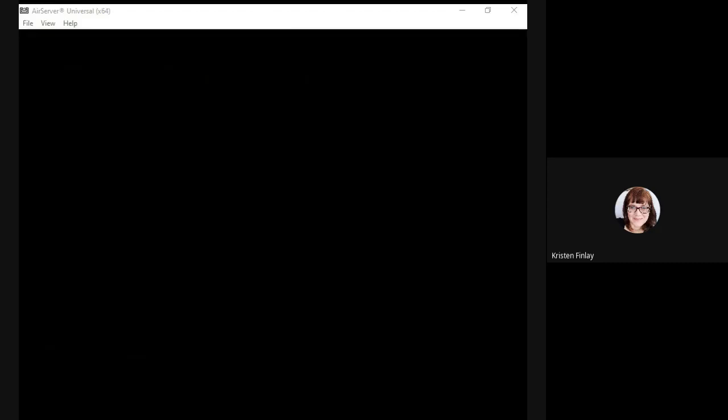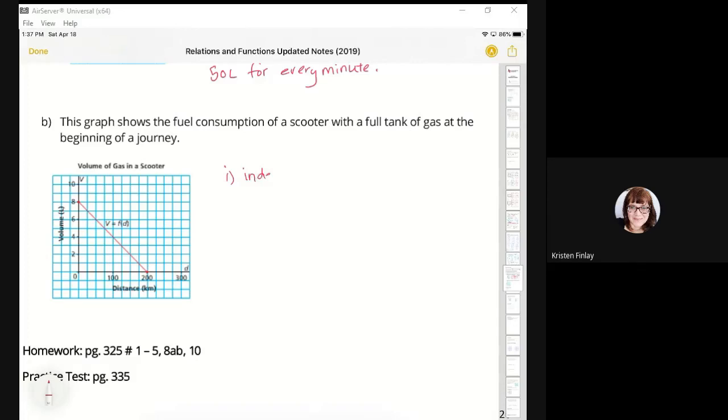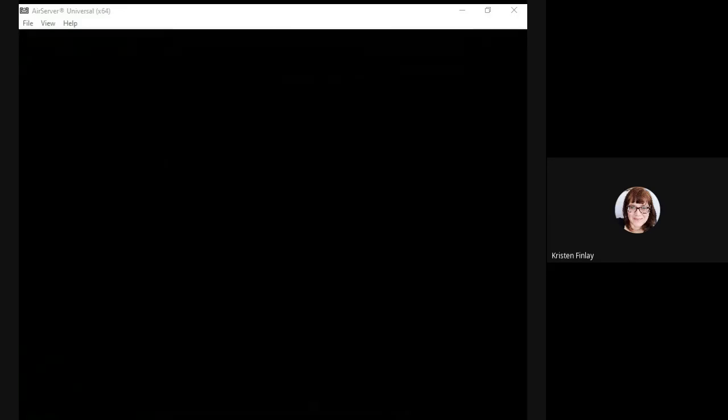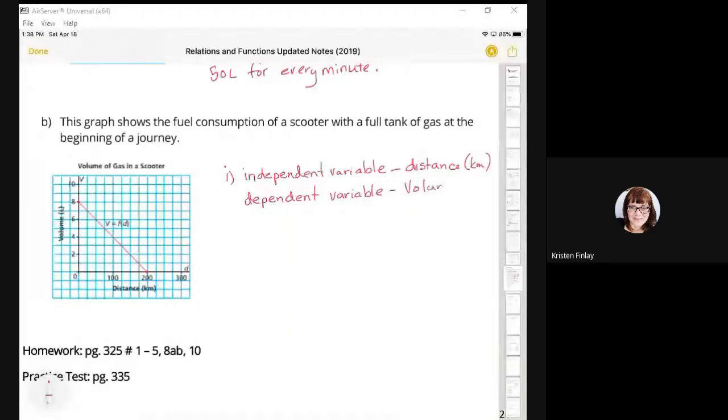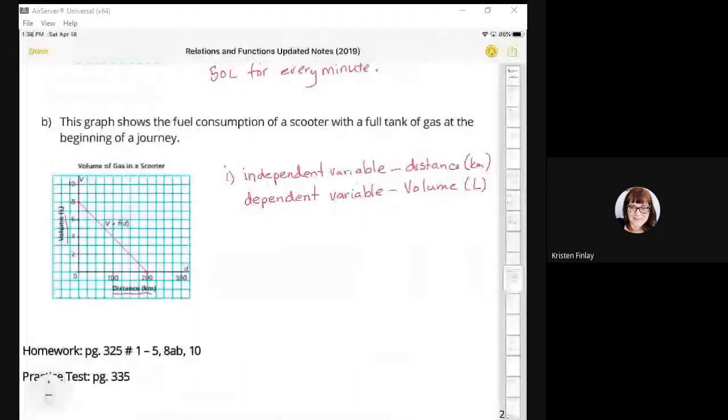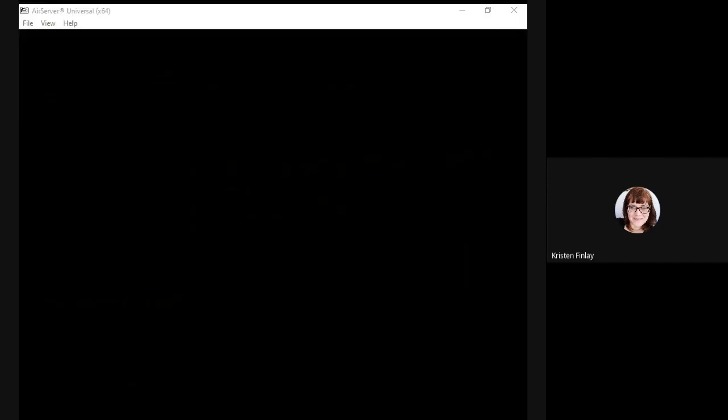The independent variable is going to be the distance, how far he travels. The dependent variable would be the volume, how much is left. So if we look, we've got our distance down here, volume up there, so it's how much we're going to have left after we drive.